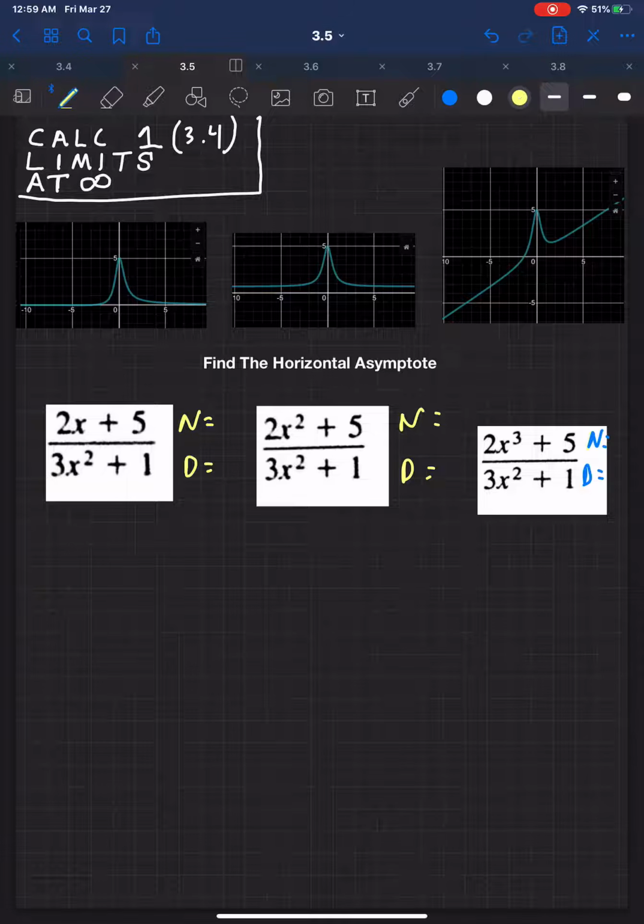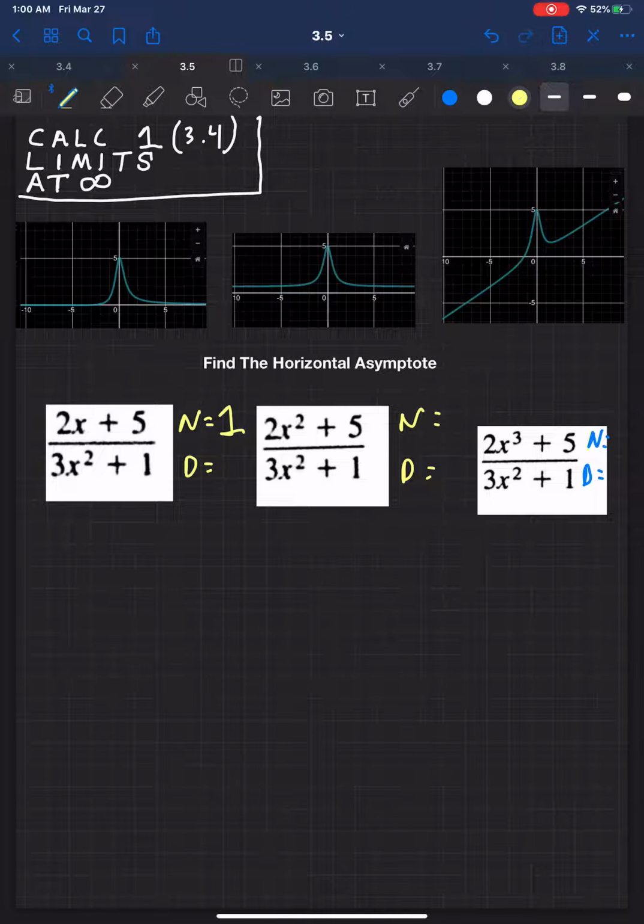We defined the degree as the sum of exponents over the variables. In this case, let's agree that the only variable in the numerator is x. And what is the exponent of that? Right, that's just equal to 1.